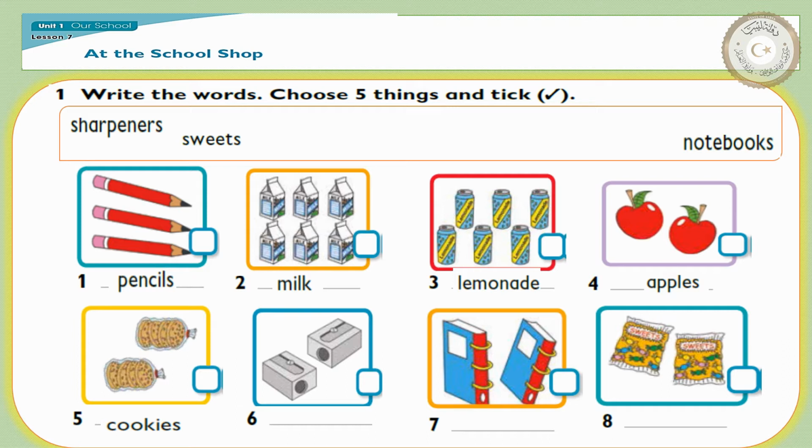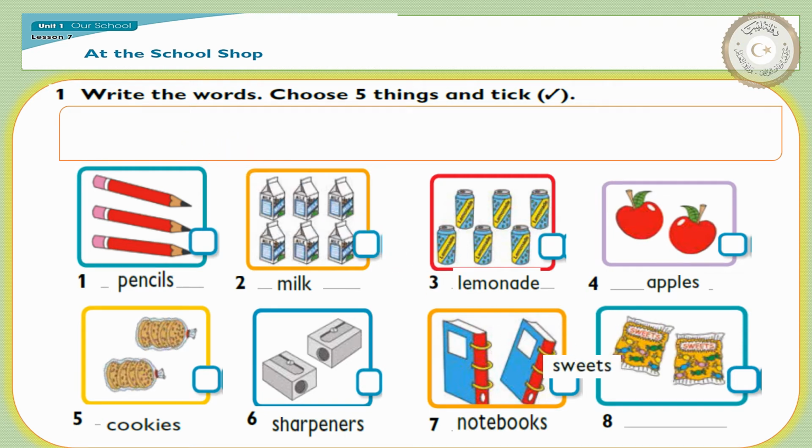Okay, all of you. Sharpeners. And number seven. Notebooks. And the last one is sweets. So we have here pencils, milk, lemonade, apples, cookies, sharpeners, notebooks, and sweets.